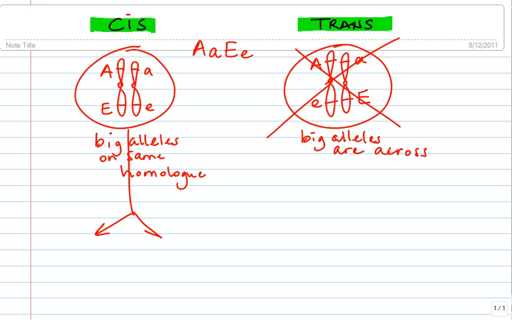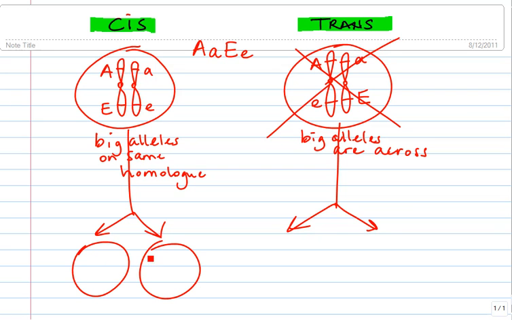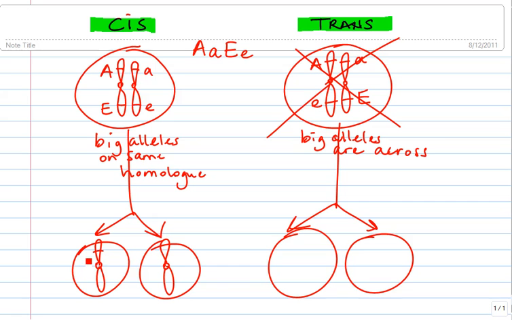We've already established that when genes are linked and they stay linked 100% of the time, then you will get two kinds of gametes in terms of those alleles, and you will either inherit one big chromosome or the other. And so half my gametes here are big, big, and half my gametes here are small, small.